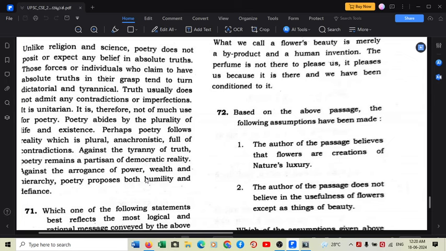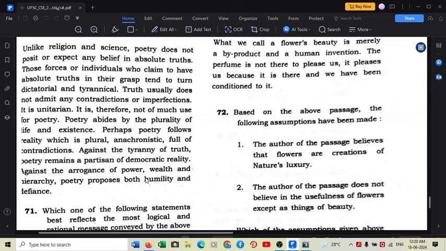Poetry abides by the plurality of life and existence. Poetry does throw light on different aspects of life, emotions of life, feelings of life, practicality of life, past, present, and future. Everything can be captured by poetry. Perhaps poetry follows reality, which is plural, anachronistic, full of contradictions. Poetry can throw light on those events also which are beyond the present time.